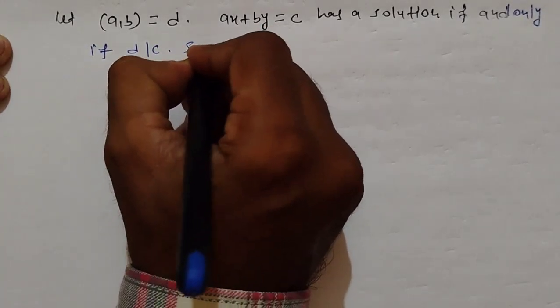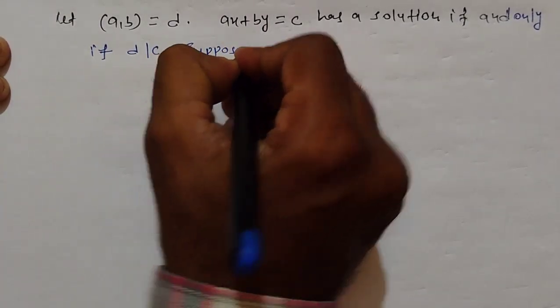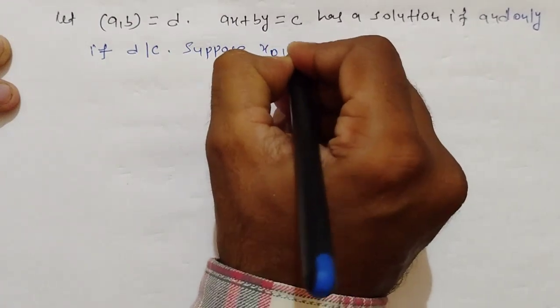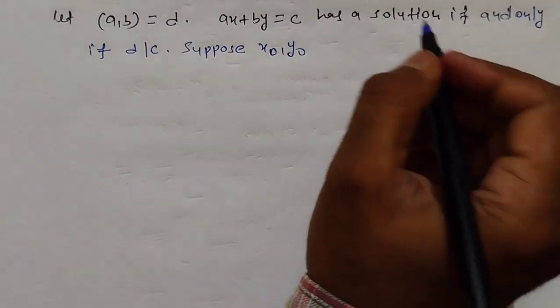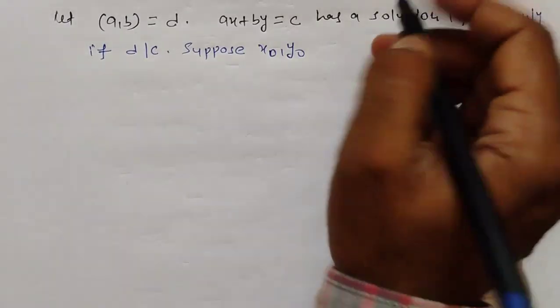And now suppose x naught, y naught is a particular solution.